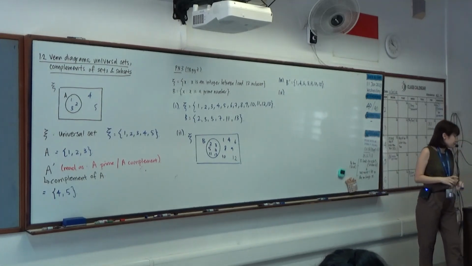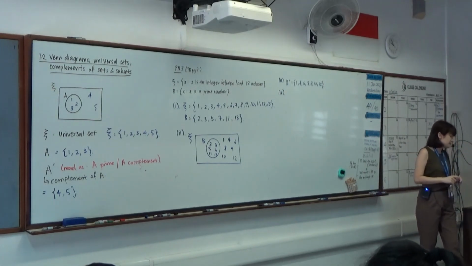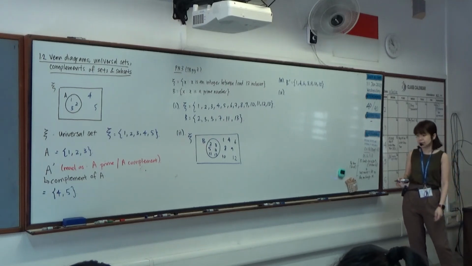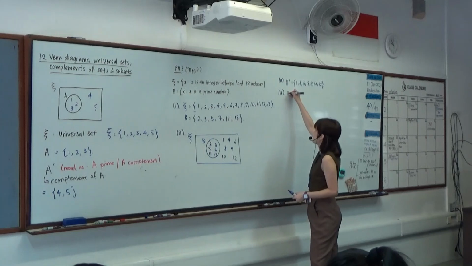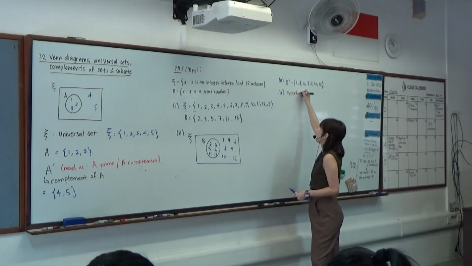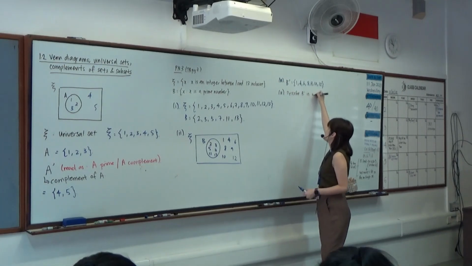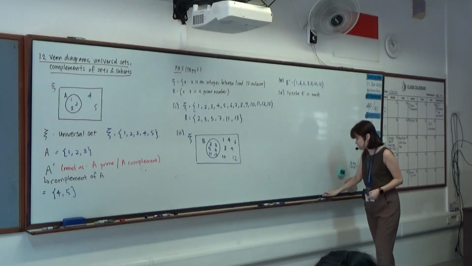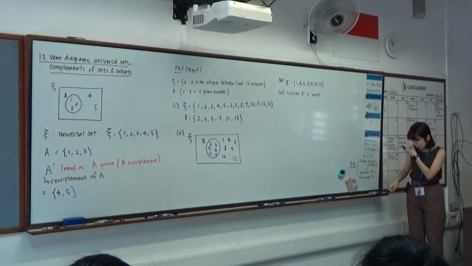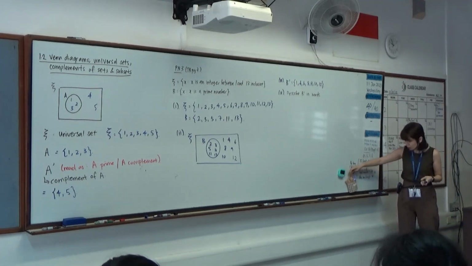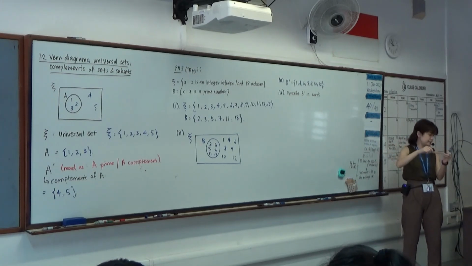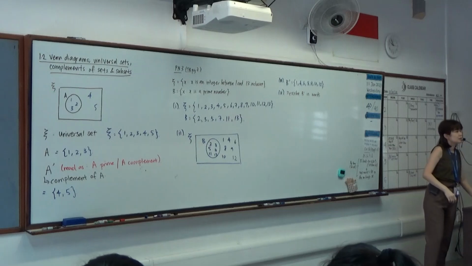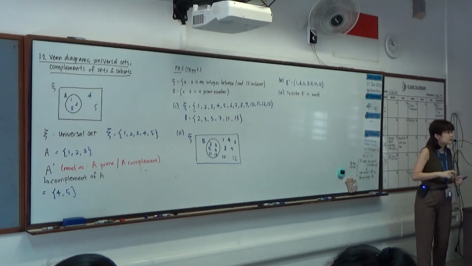In part 4, the question says, describe the set B prime in words. How would you describe B prime in words? Let's think about it. Maybe one person. Yes, you use it.